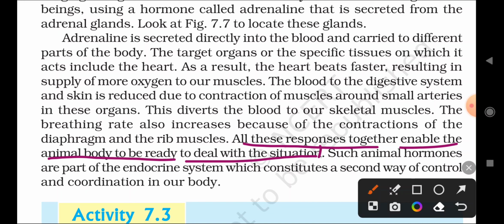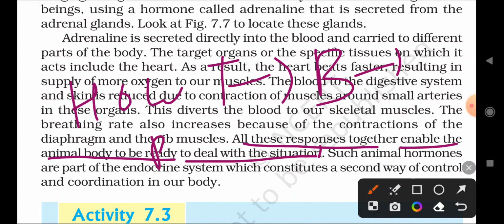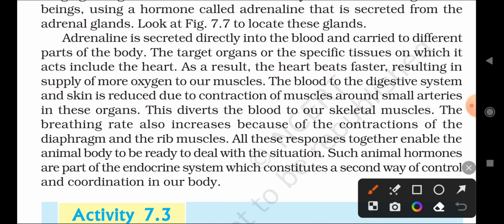In your exam they will ask how the animal body deals with emergency situations. So you can write: first, adrenal hormone is secreted directly into the blood. The blood carries the adrenal hormone to different parts of the body. That is the second point.